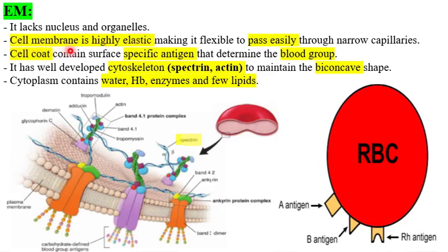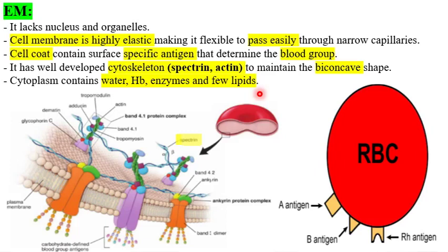The cell membrane of the RBCs is highly elastic. Why highly elastic? Making it flexible to pass easily through narrow capillaries, because the blood vessels through which RBCs pass vary in diameter from large arteries to medium-sized ones to capillaries.